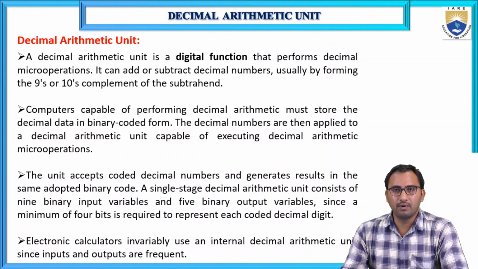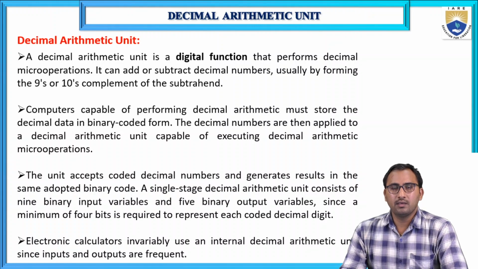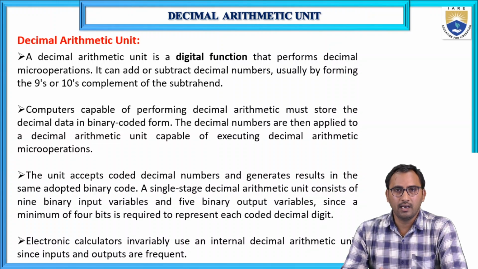But if the CPU with ALU wants to operate on decimal numbers, then the decimal numbers first need to be converted into binary numbers. Then we perform the operation, and then the results are converted from binary numbers back into decimal. Okay, so that is the process.